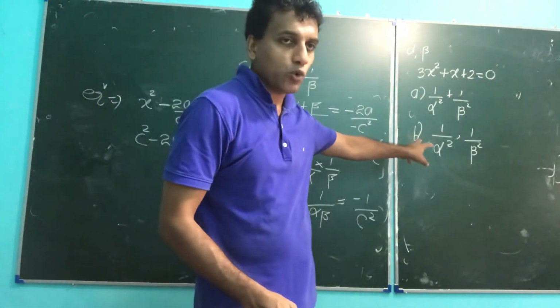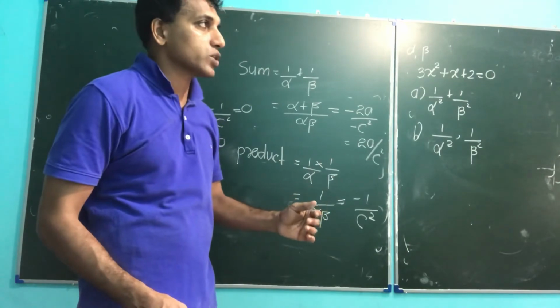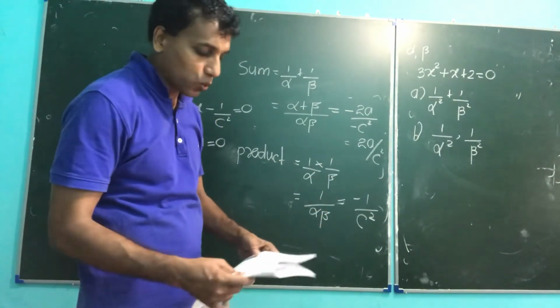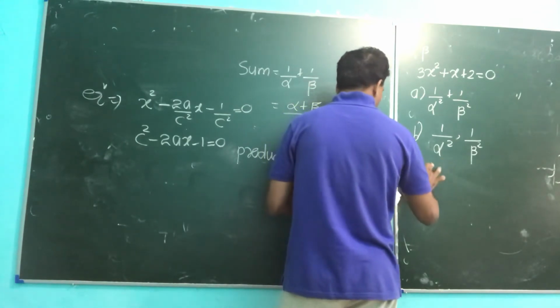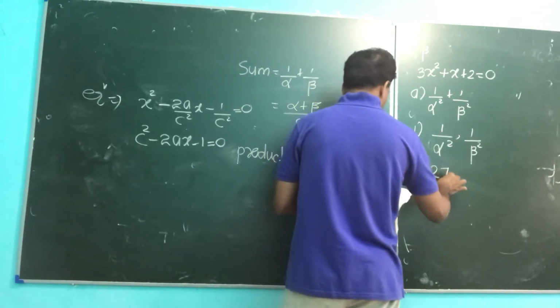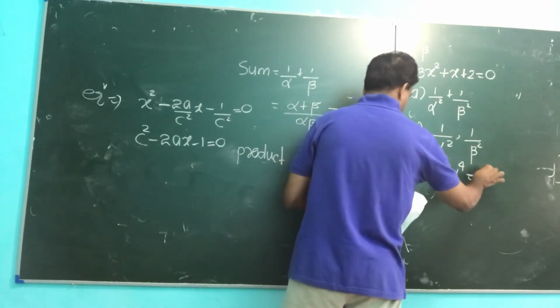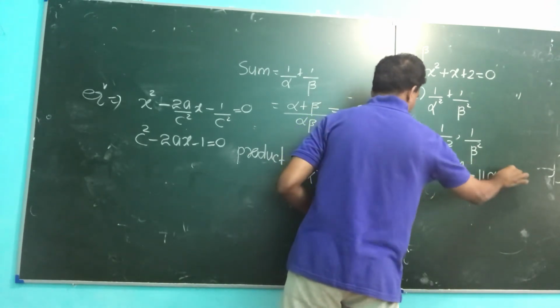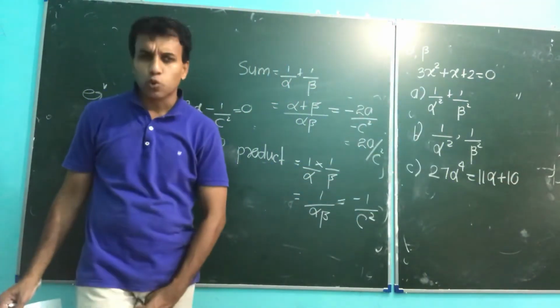Find the new equation whose roots are 1 over alpha squared and 1 over beta squared. At last, the C part, show that. Okay, there are three parts available. It's one of the types of school exam paper.